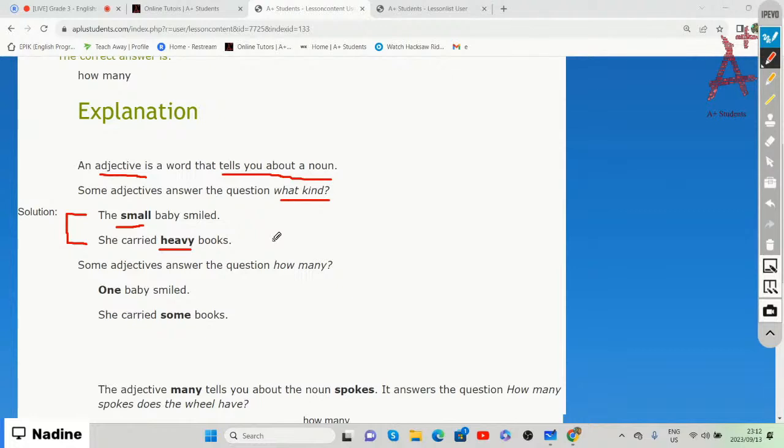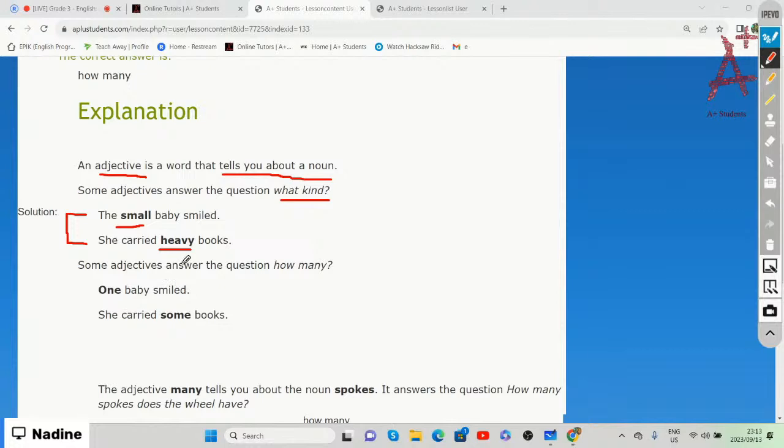So if we look at the sentence, she carried heavy books, right? So she carried books. Can you maybe think of any other adjectives that can describe what kind of books? Like this one says heavy books. Can you think of more adjectives that tell us what kind of books? The first one was done for us, heavy books.